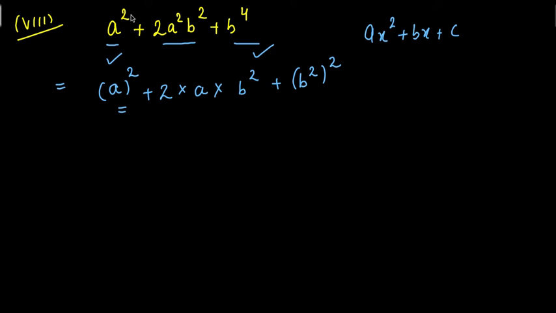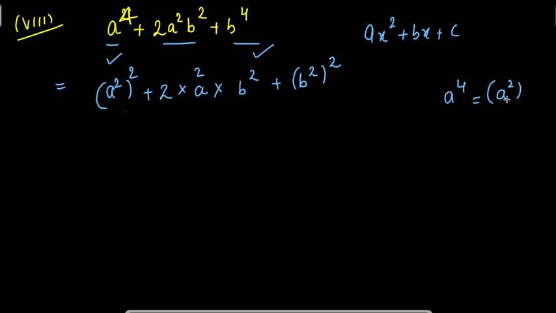It is a raised to the power 4 here, and if it is a raised to the power 4, that means it has to be a square whole square. Okay, so a raised to the power 4 can be written as a square whole square, because we have done in our exponents chapter, this is equal to a raised to the power mn, right?